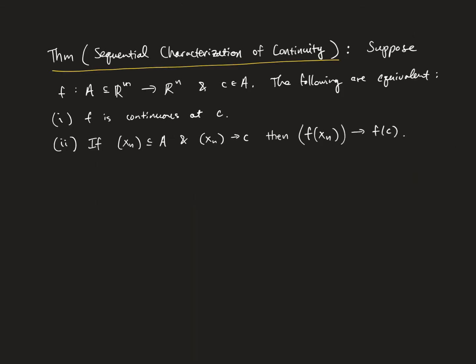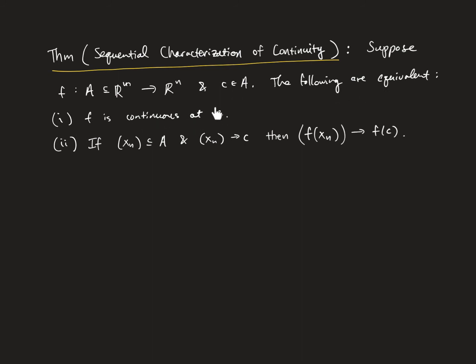So this first theorem about continuity is probably not surprising and gives us a very convenient way to discuss continuity and to prove certain theorems. So this is the sequential characterization of continuity. So continuity in terms of sequences. So we have a typical setup, we have a domain, point in the domain, then the following are equivalent.